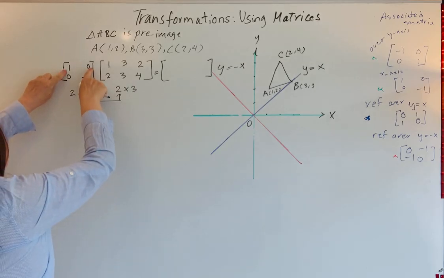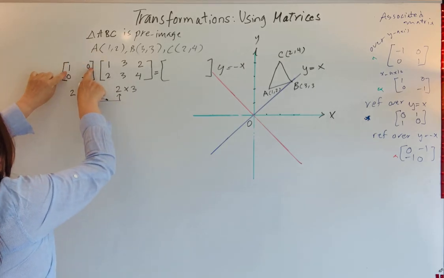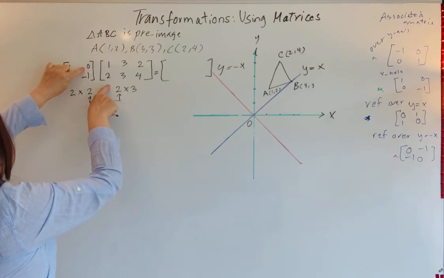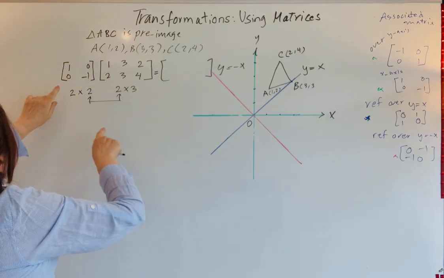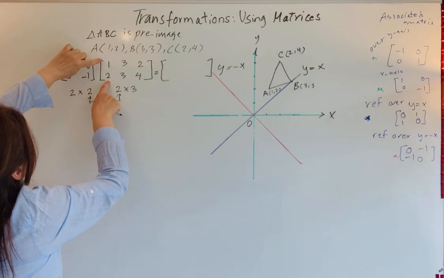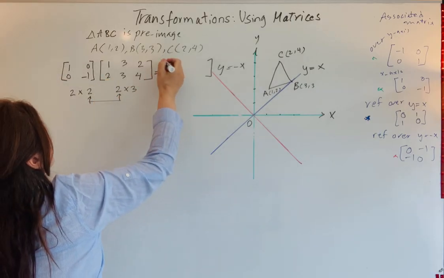This row times this column: 1 times 1 plus 0 times 2. How much is that going to be? 1.